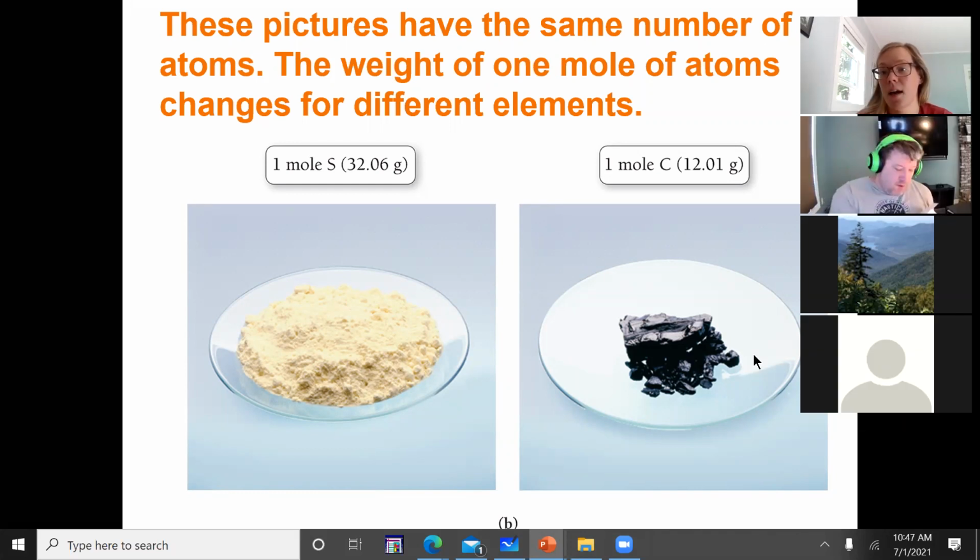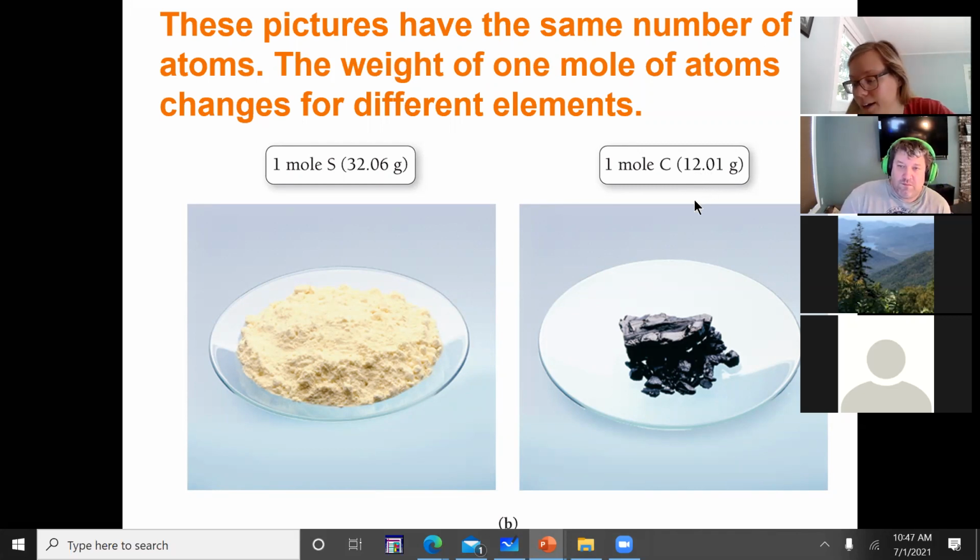And remember, the mass is the average of all the isotopes together. What is the mass of sulfur? 32.06. How much does 1 mole of sulfur weigh? 32.06. So that number is not just the atomic mass. Sometimes that number is referred to as the molar mass, the amount of mass in every 1 mole. Carbon has a molar mass of 12.01, right?